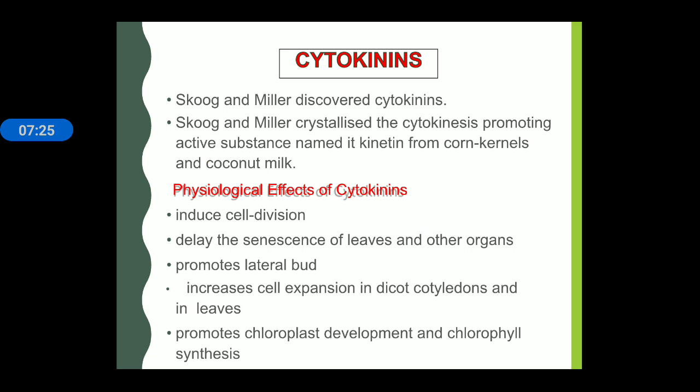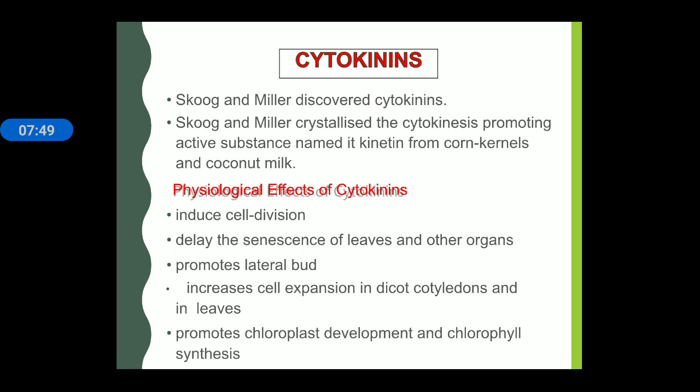Now, cytokinin. Cytokinin was discovered by Skoog and Miller, and cytokinin, as the name suggests, shows activity just like cell division activity, and cytokinin activity was discovered in coconut milk. Coconut milk helps in promoting cell division.